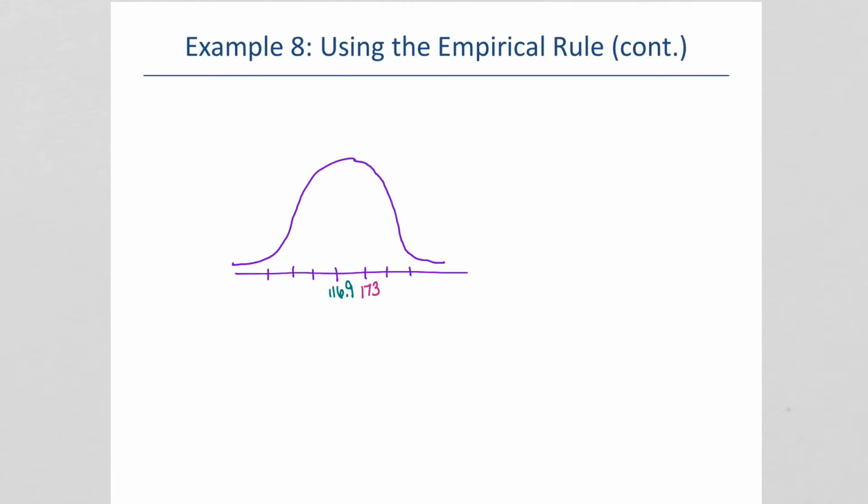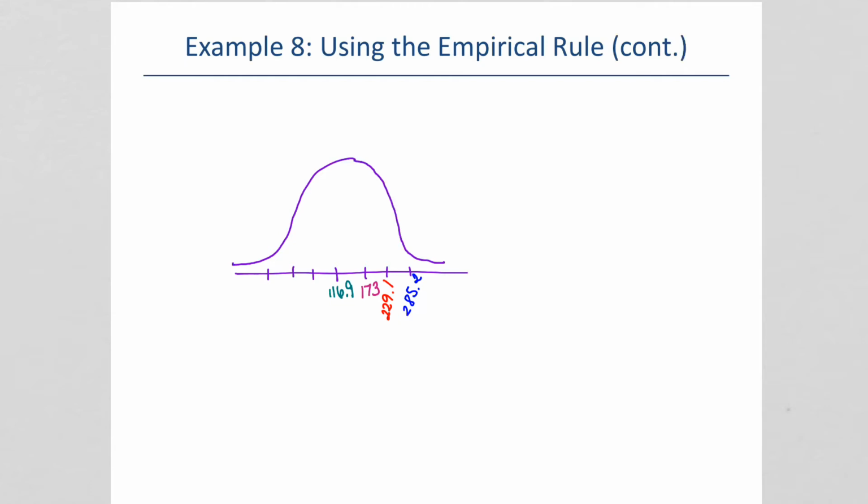Add another 56.1, you get 229.1. And add another 56.1, you get 285.2.